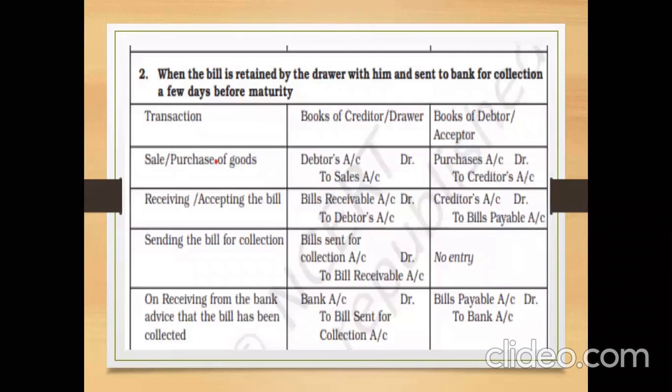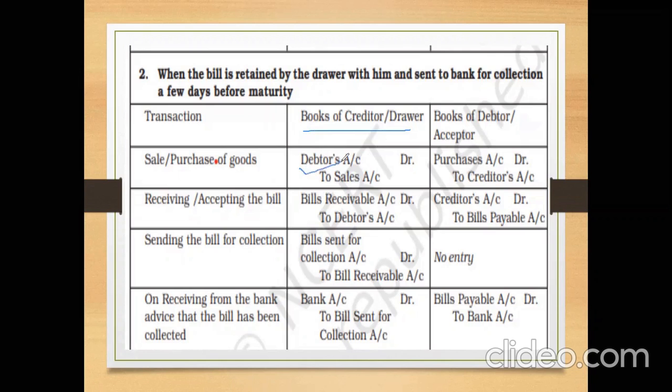Next case is when the bill is retained by the drawer with him and sent to bank for collection a few days before maturity. In that case, there will be one additional journal entry. As you can see in the books of drawer, there is a credit sale: debtor's account debited to sales account.